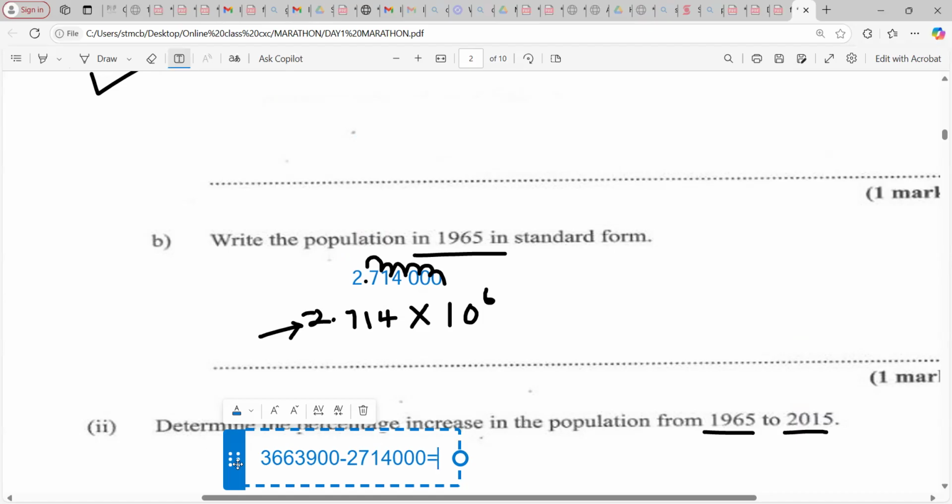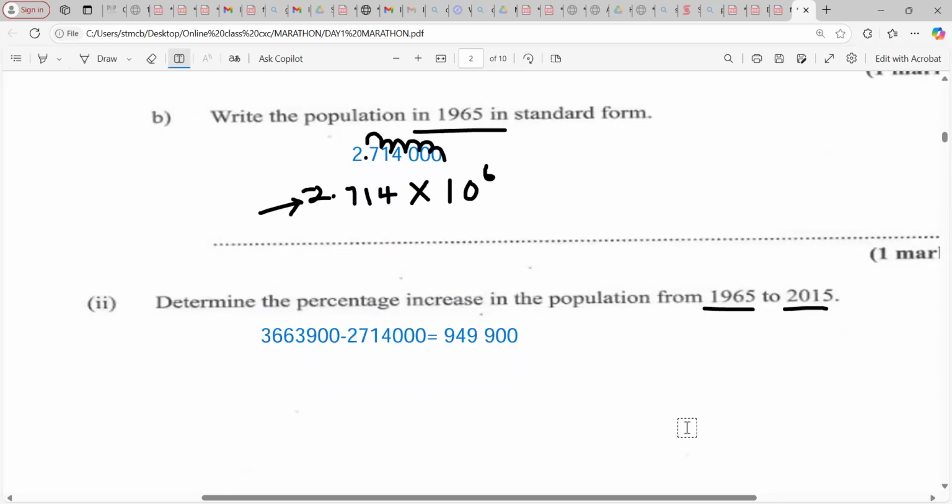Alright, so 2,714 and then what? 1, 2, 3 zeros. Alright, so when we subtract that, we get 949,900. So this represents the increase, but this is not what they want.